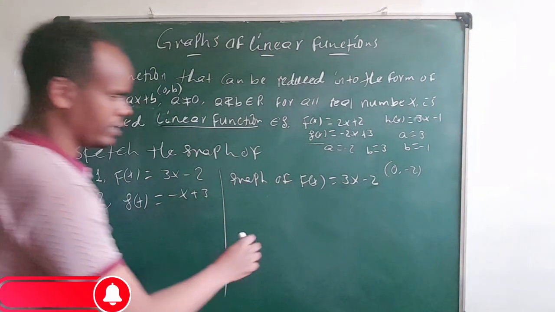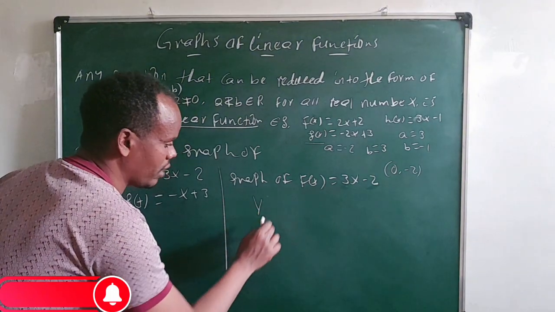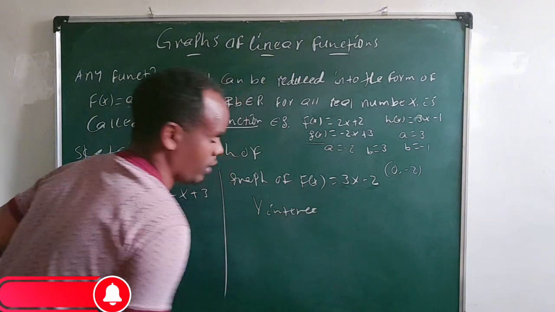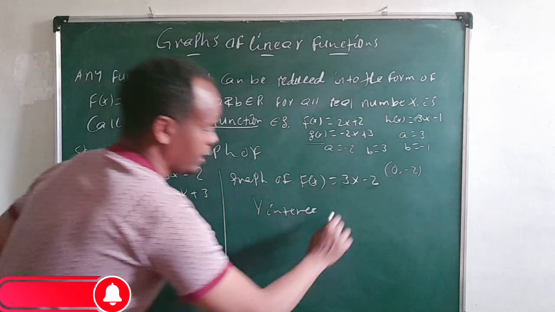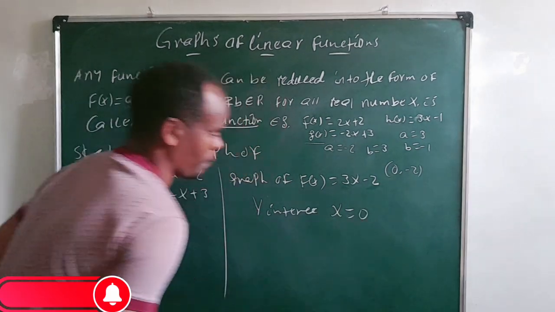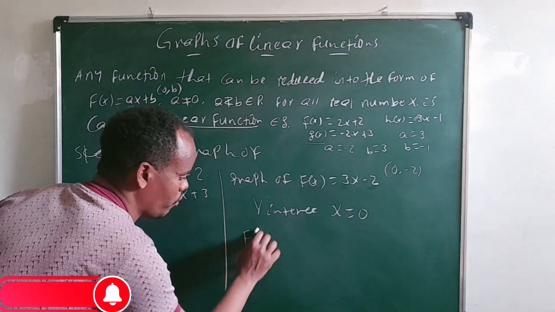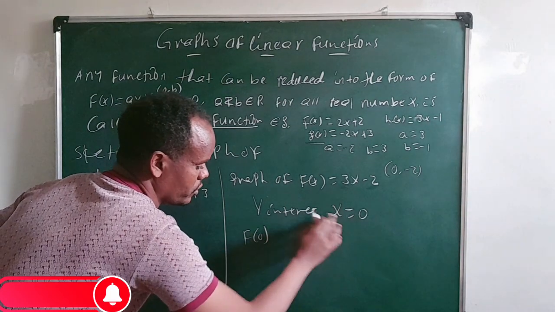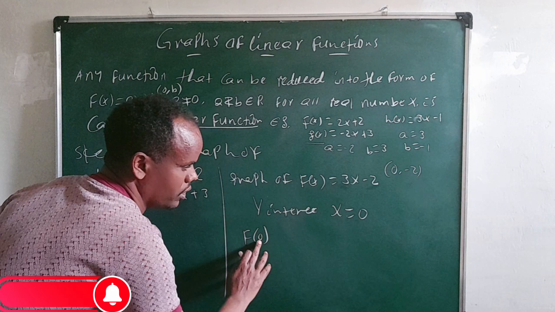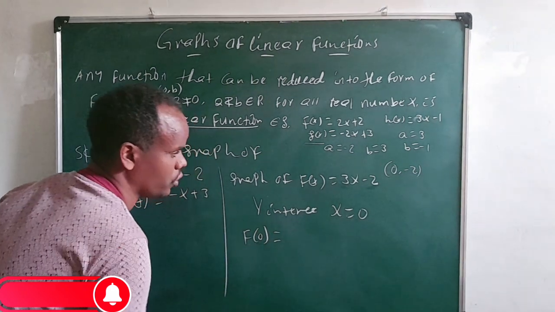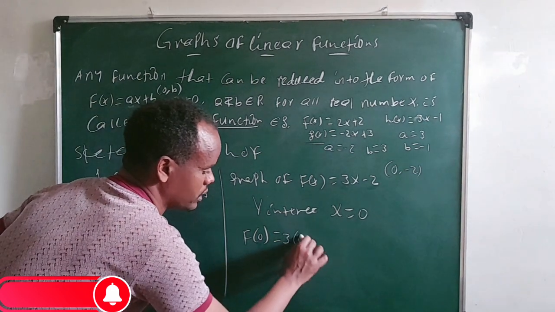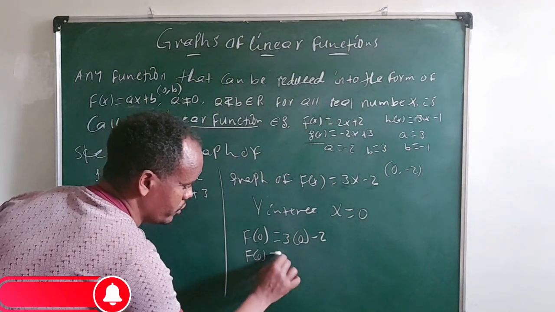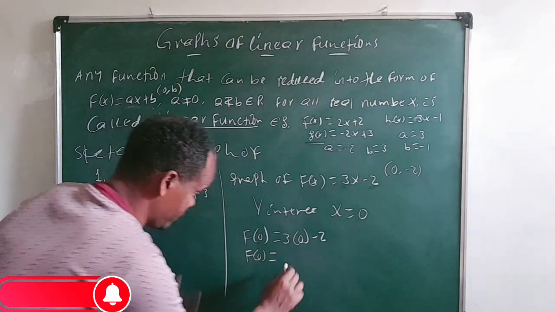To find the y-intercept of the graph, we make x equal to 0. That means f(0): inside x we substitute 0. f(0) = 3 times 0 - 2, so f(0) = -2.